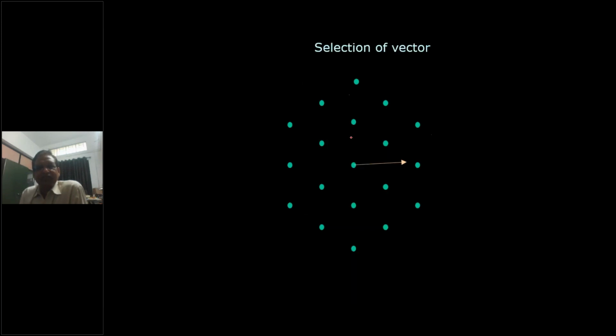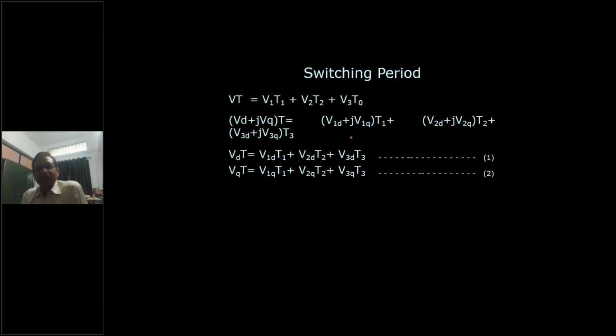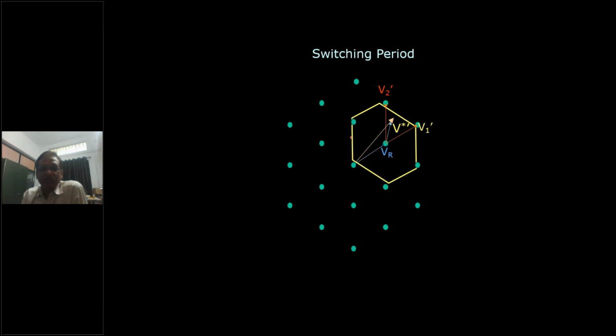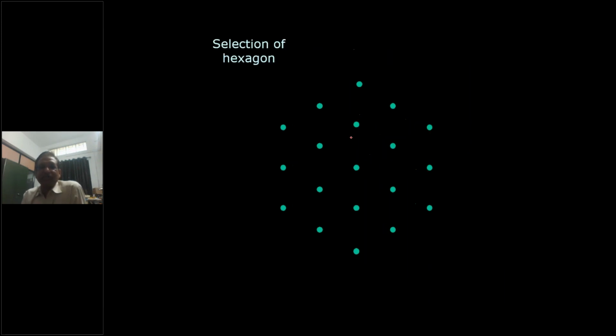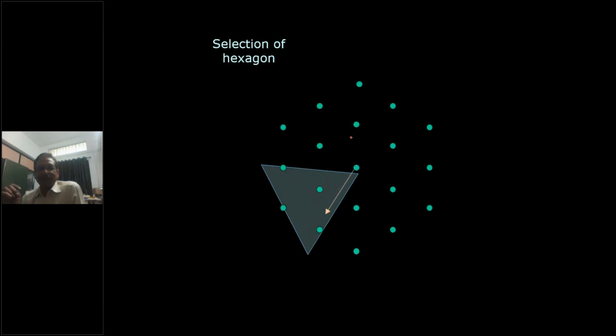So we can use the same technique which we used earlier. Again you have to identify the 3 points which are near to the desired vector, and now you have to see in which hexagon this triangle lies.